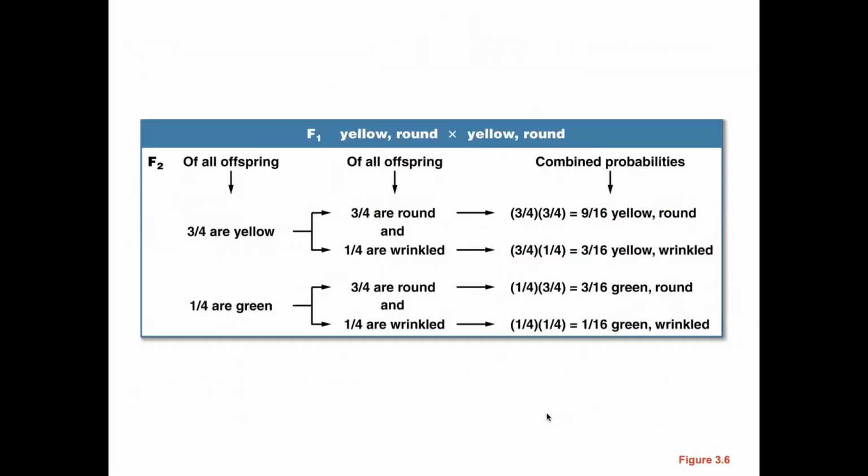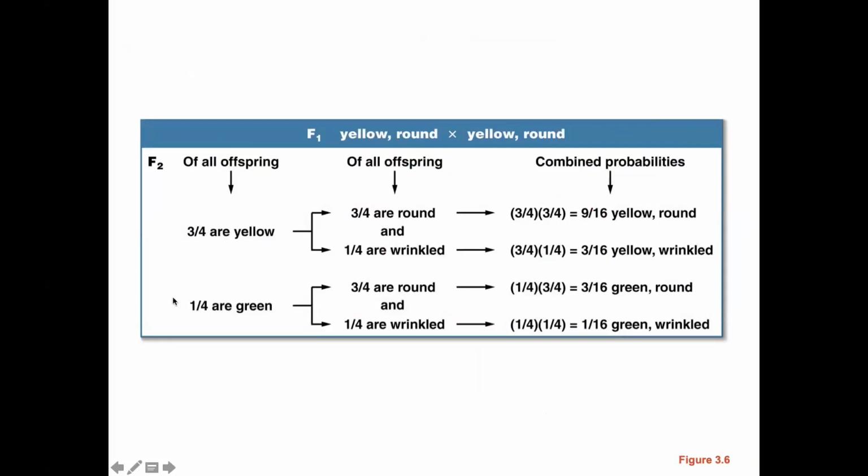Okay, so here's another way of summarizing what I just described. If you look at each trait individually in that F2 population of the dihybrid cross, 3/4 are yellow and 1/4 are green for the color trait, and 3/4 are round and 1/4 are wrinkled for the shape trait. But now we want to look at them together. Of those that are yellow, the 3/4 that are yellow, you still segregate 3-to-1 for round to wrinkled.